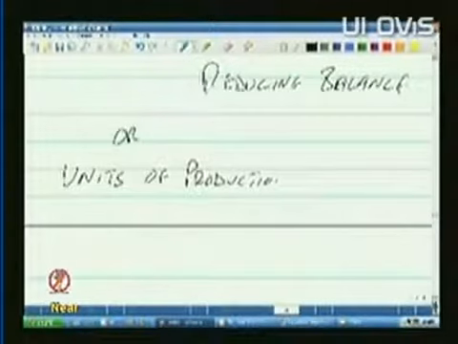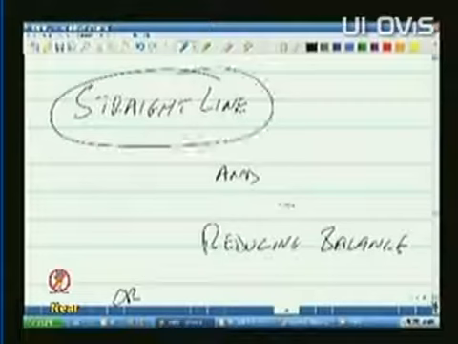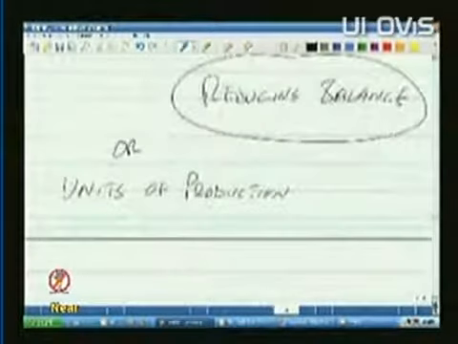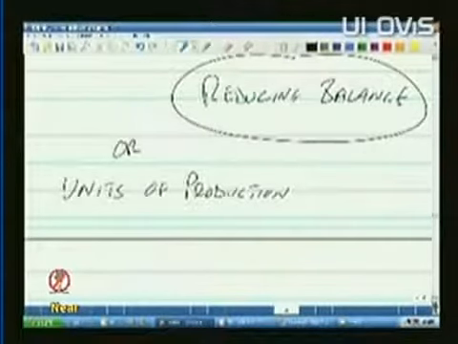As I'm sure you're aware, we would normally go for one of the main two, which is straight line or reducing balance. But the units of production method is certainly for things like plant and machinery quite an interesting approach. Sometimes it's a bit mathematical and you start saying, is it really necessary to do it? Well, like I say, it's just another example of a systematic basis.